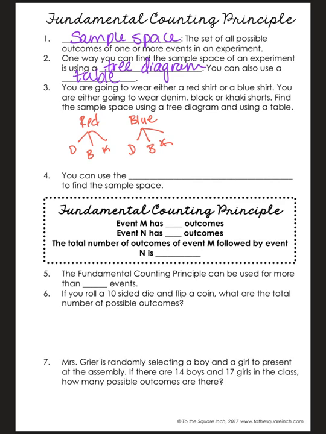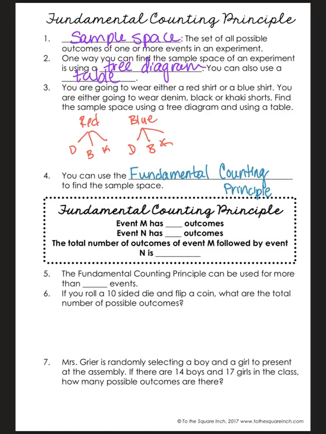Okay, I can do that same information in a table. So I can do all this, or I can use something called the fundamental counting principle to find how many things are in this sample space. So that's the fundamental counting principle. What the fundamental counting principle is, it's for a compound event. Okay, you have to have two things to figure out the combinations.